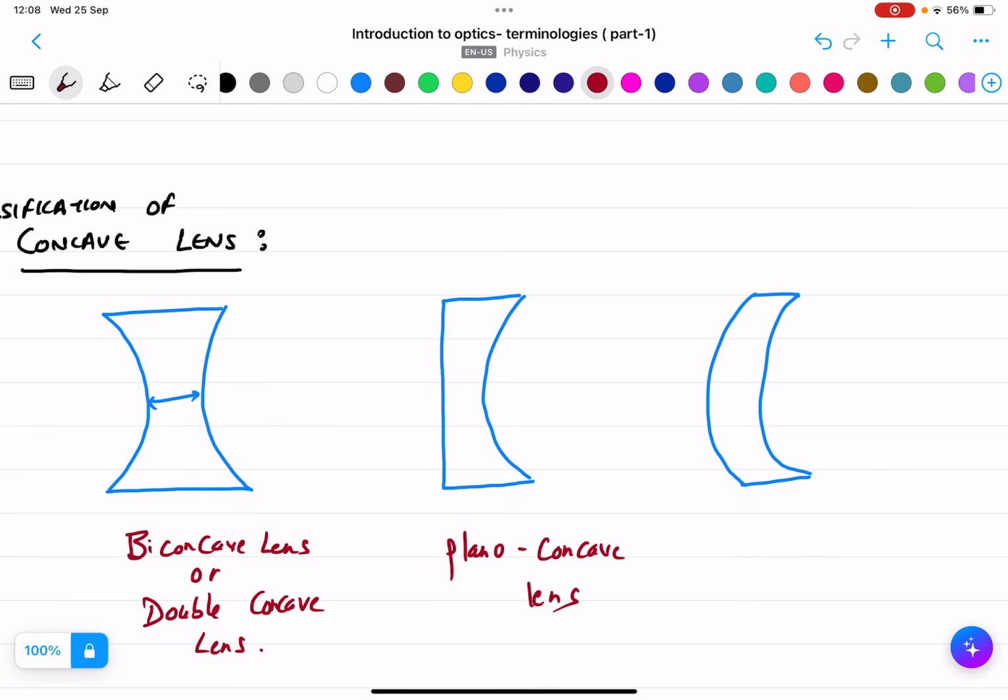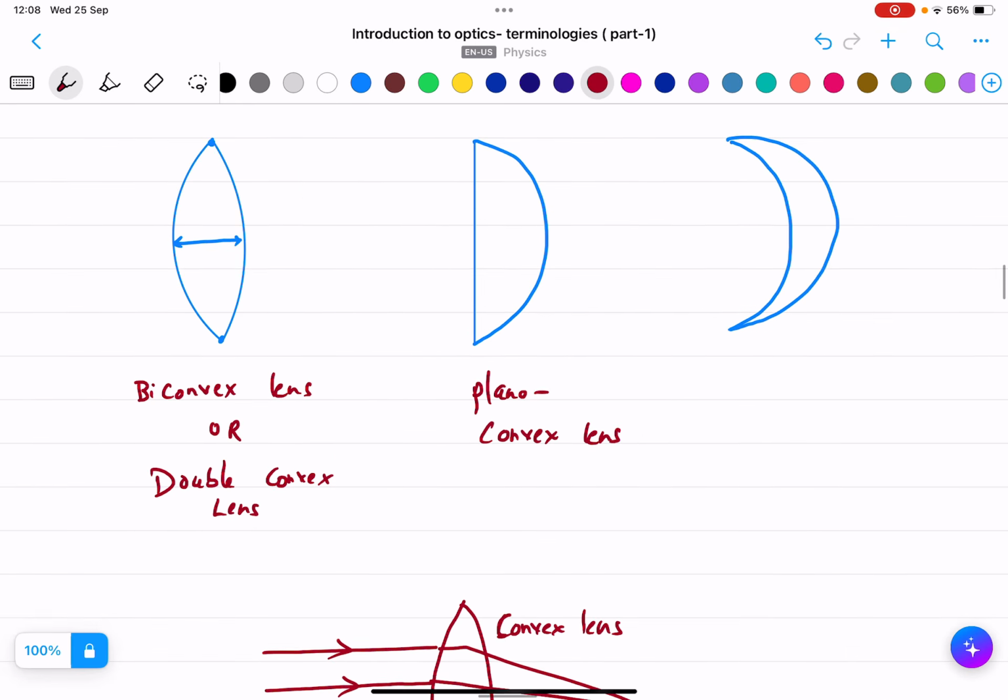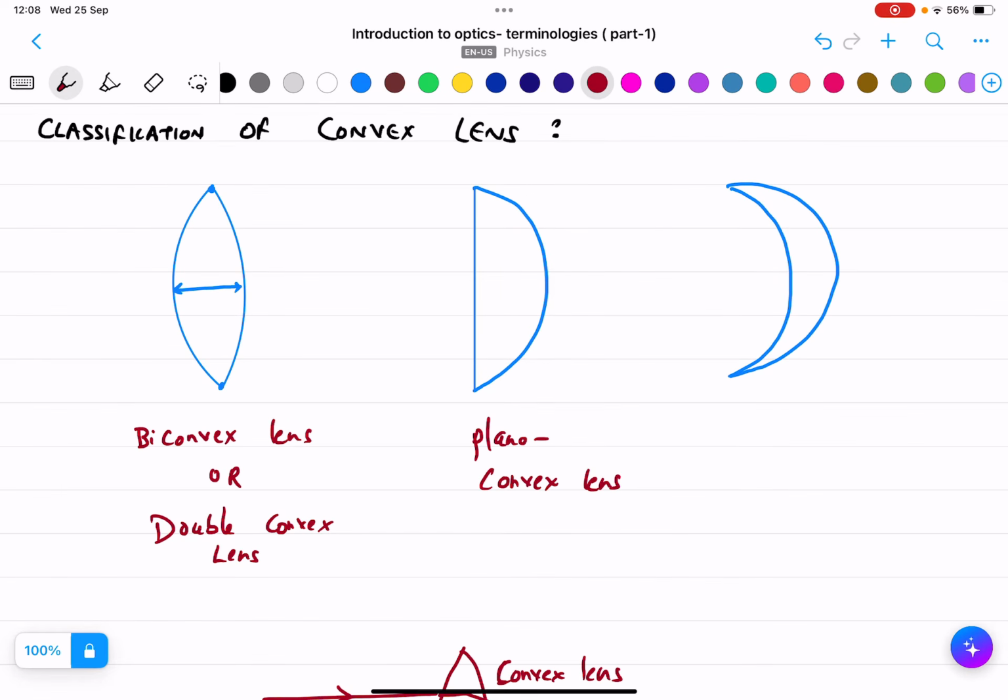Now next one, see this one first. What is this type of lens? It is basically a convex lens. You can see it is a convex lens, right? But the another side, this side, is not plane. It is like when you see a concave lens, the one side is like this.